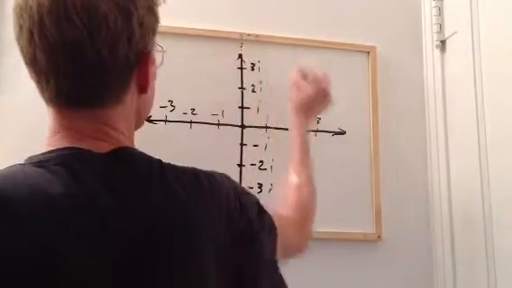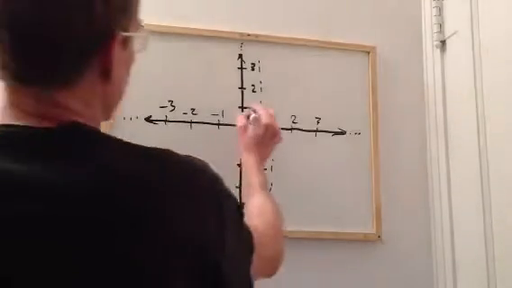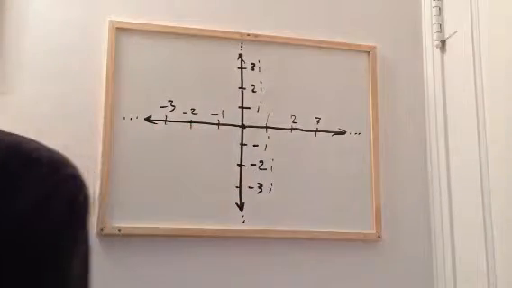We put dots here indicating that these go off forever. We can make this a right angle, a 90-degree angle, make sure that the lines intersect.